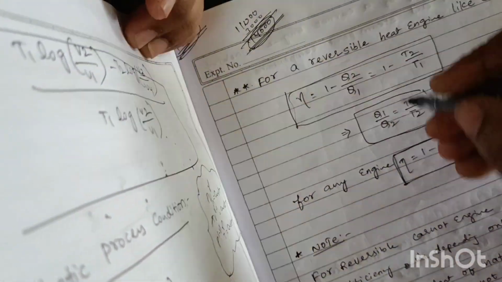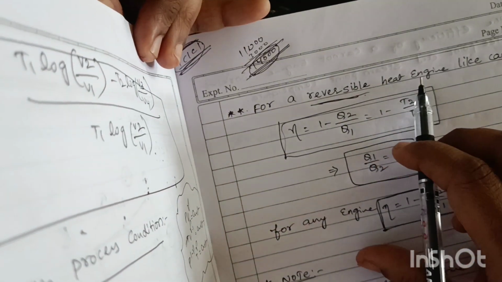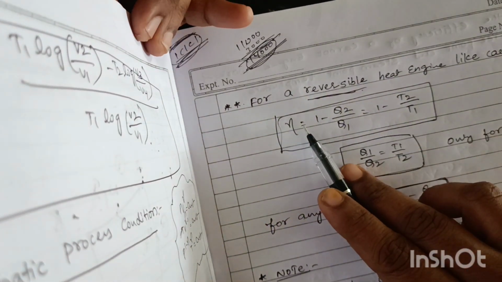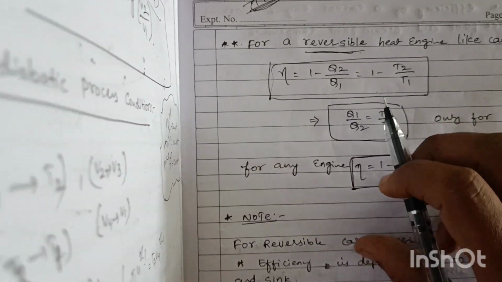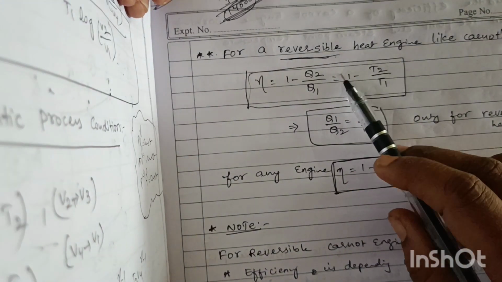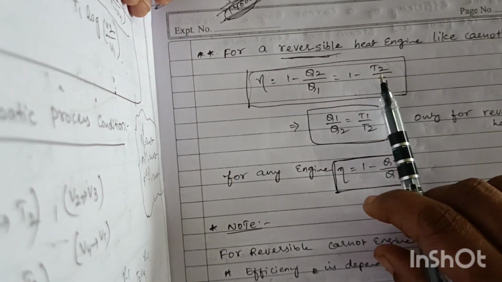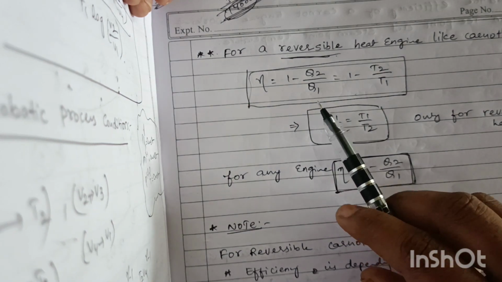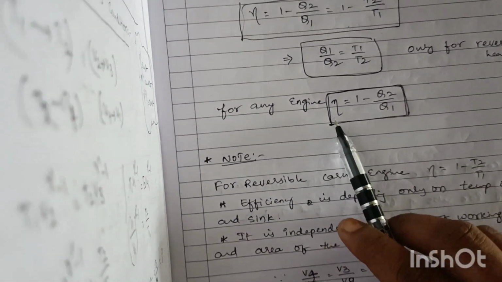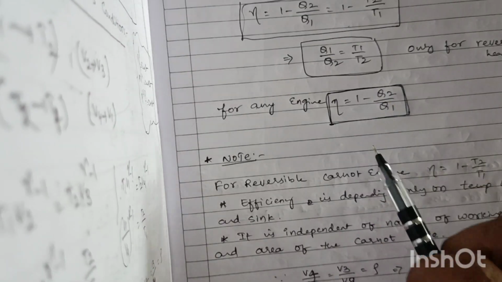This is the case for a reversible heat engine like Carnot's engine: eta is equal to 1 minus Q2 by Q1, which equals 1 minus T2 by T1. This 1 minus T2 by T1 equation is only for reversible heat engines. For an irreversible heat engine, the equation is only 1 minus Q2 by Q1, not 1 minus T2 by T1.